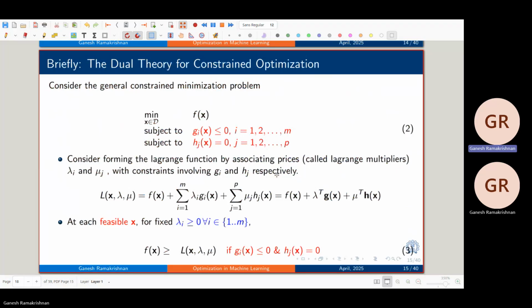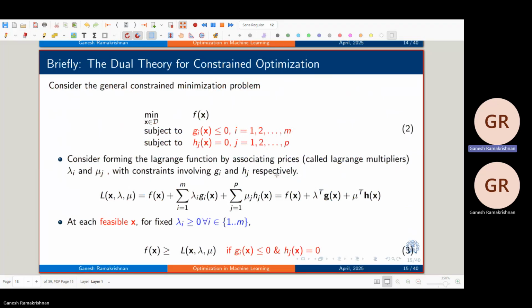Now the other interesting thing is, if you consider the primal feasible x, then g_i(x) should be less than or equal to 0, and h_j(x) should be equal to 0. And if you consider the dual feasible lambda_i, which is greater than or equal to 0, then what happens to the term summation lambda_i g_i?